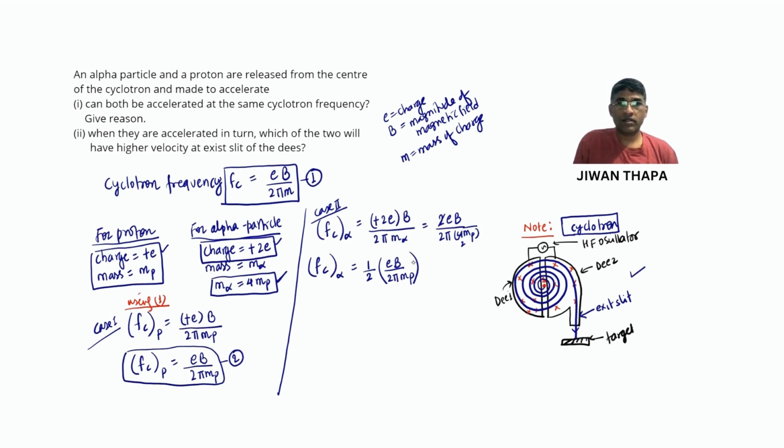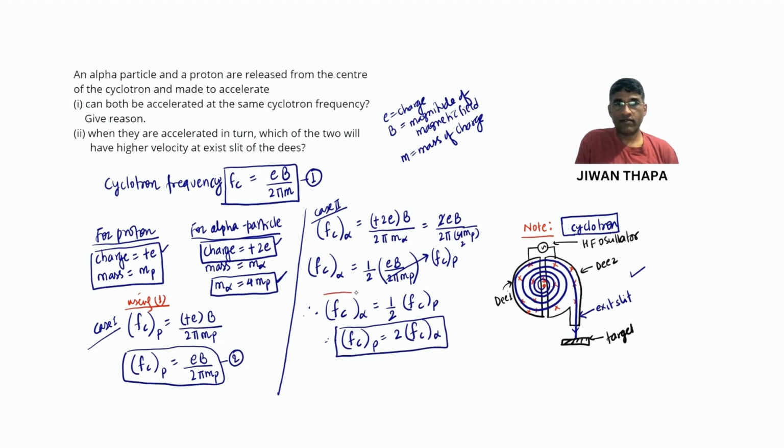And we know this ratio is the frequency of the proton. Therefore, we can write that the cyclotron frequency of the alpha particle is half of the cyclotron frequency of the proton. Or we can write that the cyclotron frequency of the proton is twice the cyclotron frequency of the alpha particle.